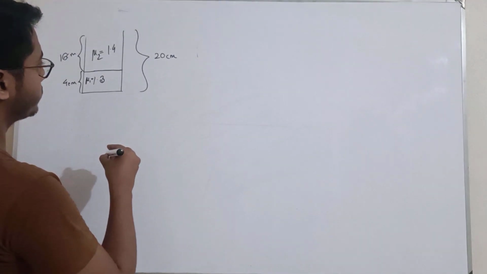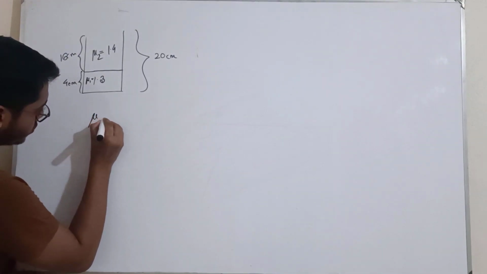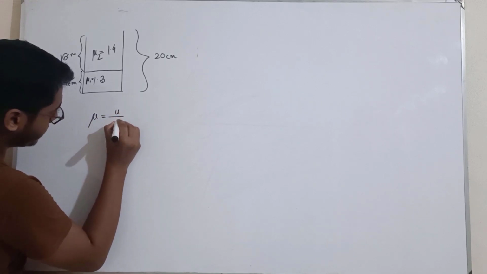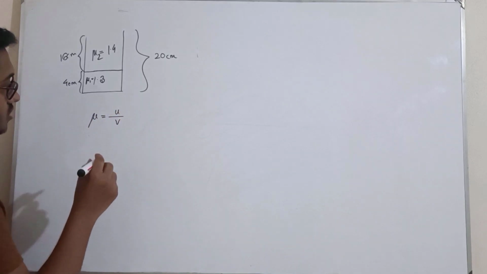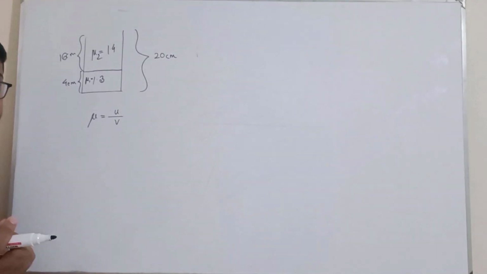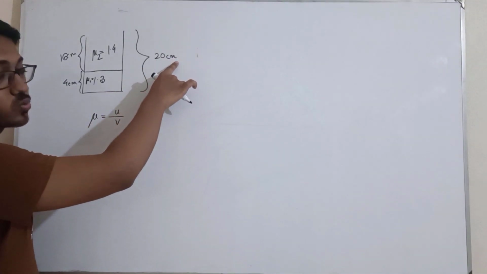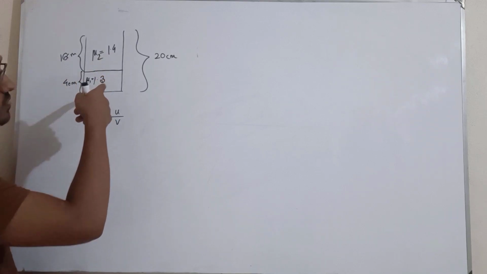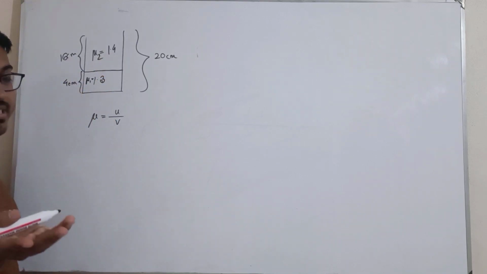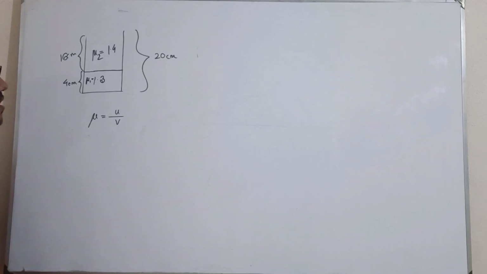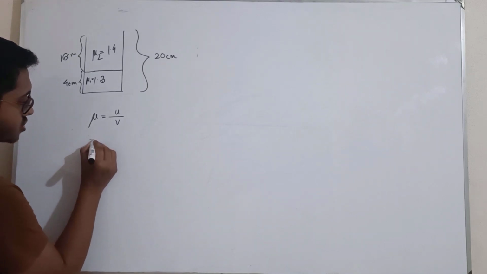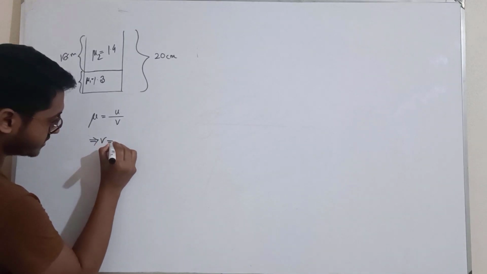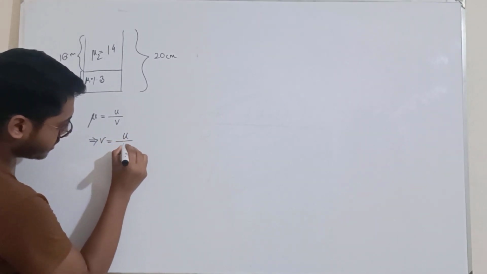In the formula that we have previously learned, nu equals u by v. What was u? u was the real distance. So the real distance is given, that is 20 centimeter. What will be the apparent distance due to the presence of liquid in the container? The apparent distance formula is v equals u by nu.